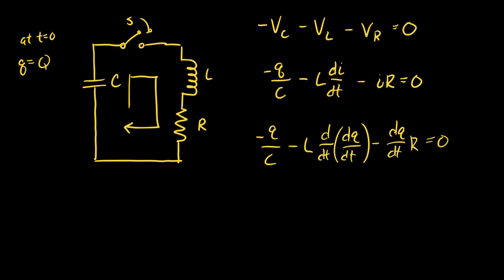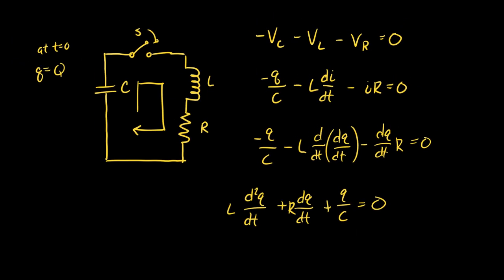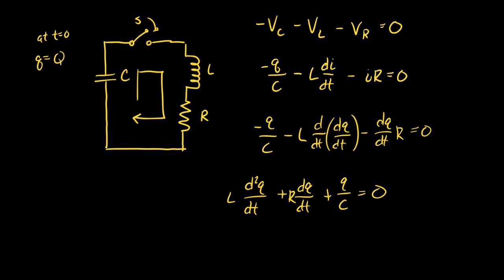Let's maybe put this in rank order and get rid of all the negative signs. And I'll get the second derivative of q with respect to t with an L out front, plus the first derivative of q with respect to t with an R out front, plus q over c equals 0. This is also a second order differential equation.